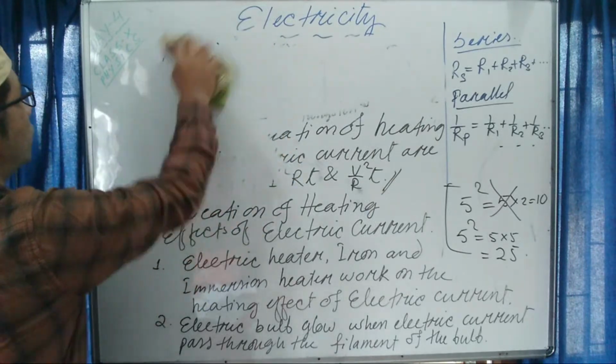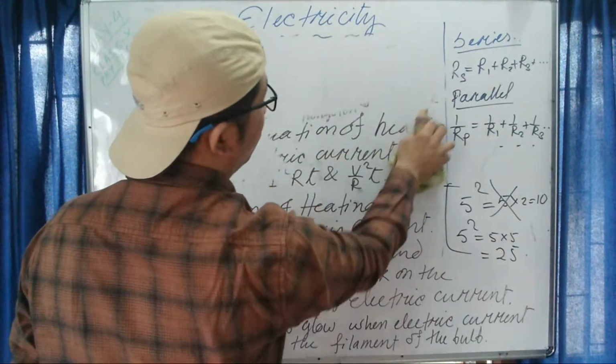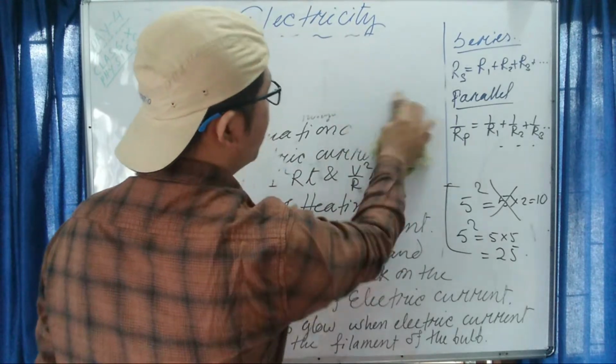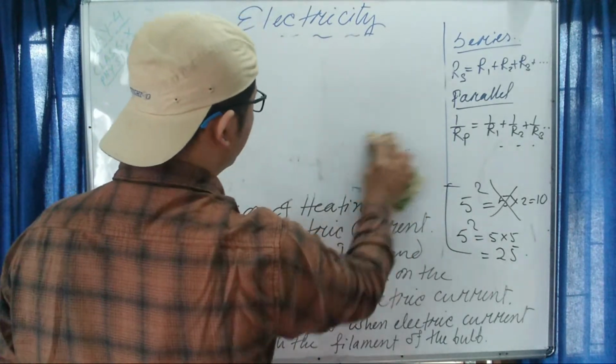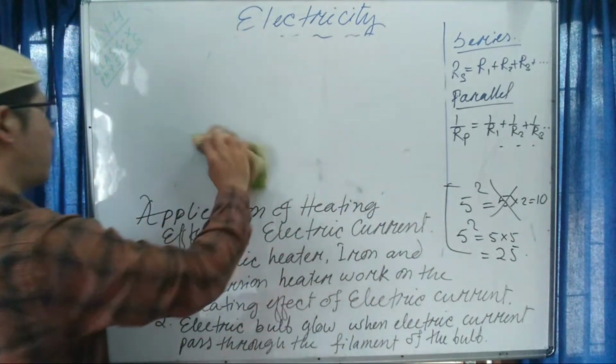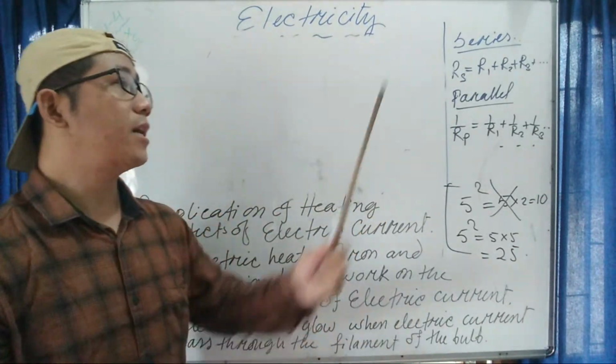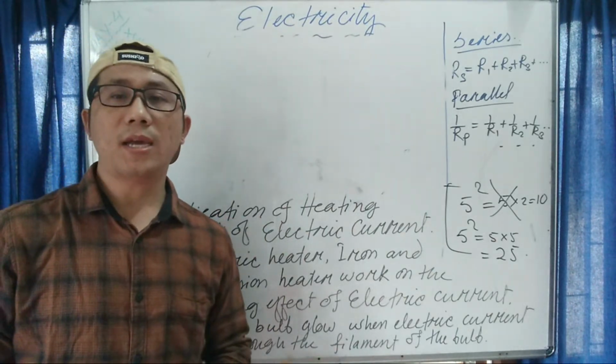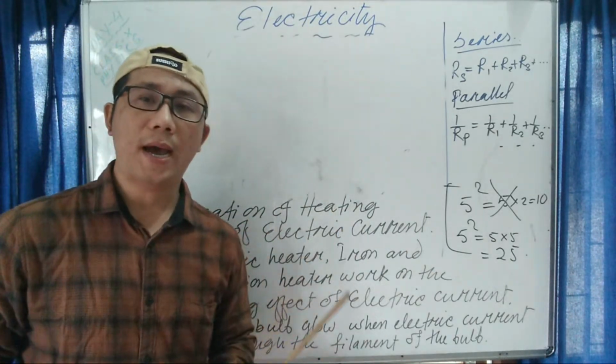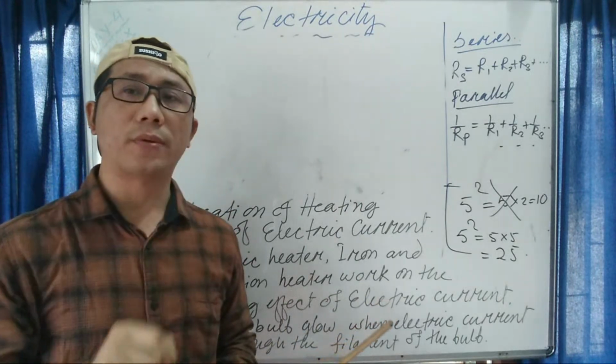Fuse wire, okay. In every appliance in our home, even your main supply, the electric supply from the pole that we get with 2 wires and then connect to your home, in the electric switch board there is also a fuse wire.